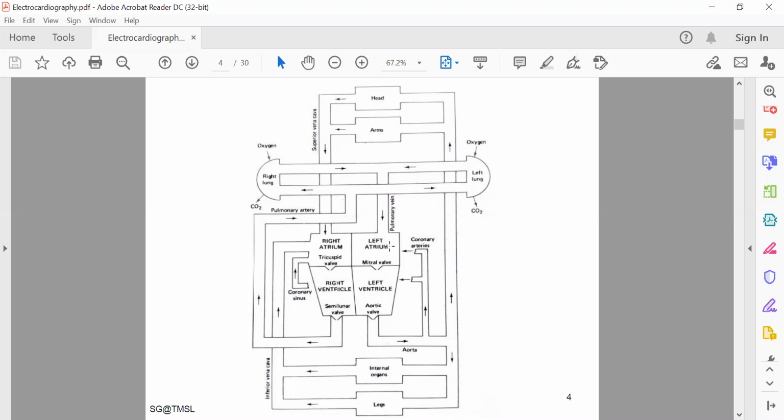Normal diastolic blood pressure ranges from 60 to 90, and 80 is the average. This pressure is usually measured in the brachial artery in the arm, as all of you have seen already.